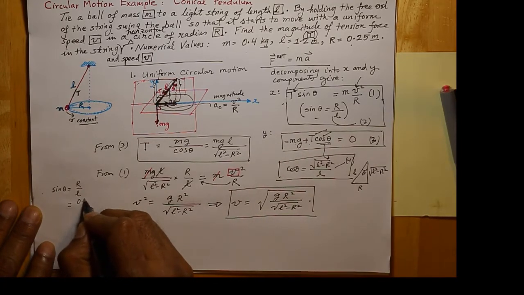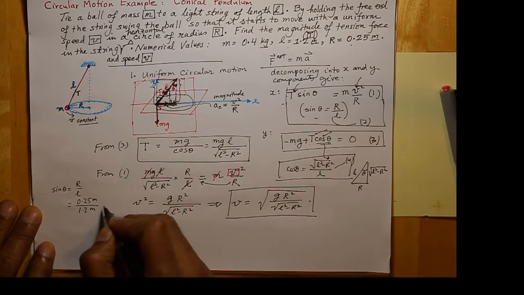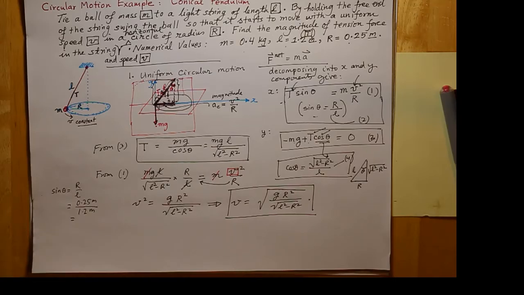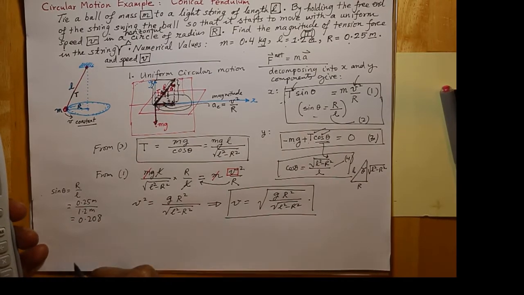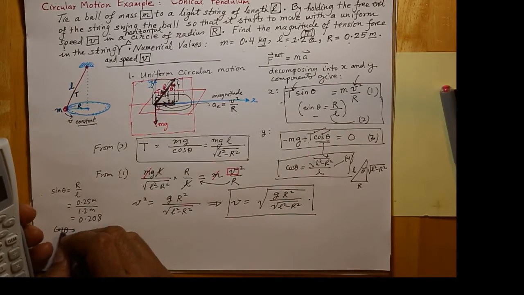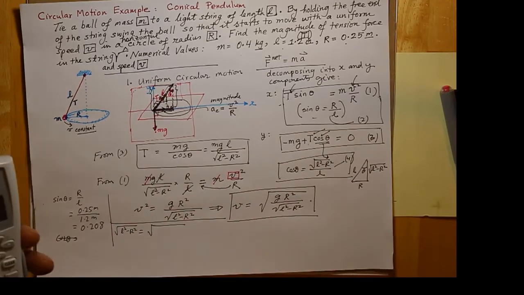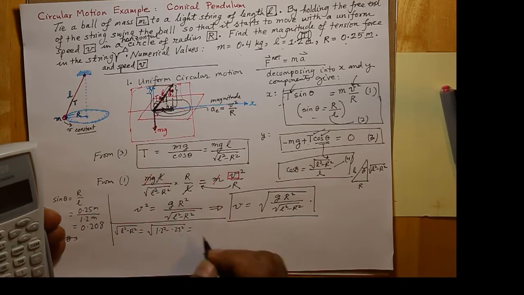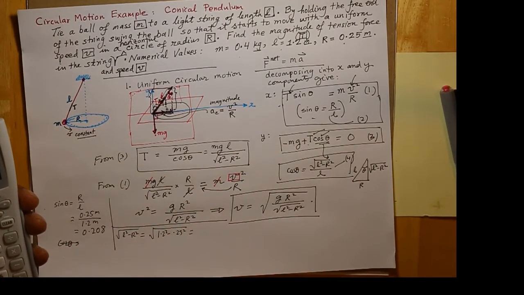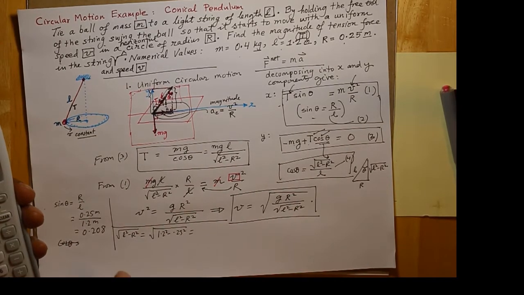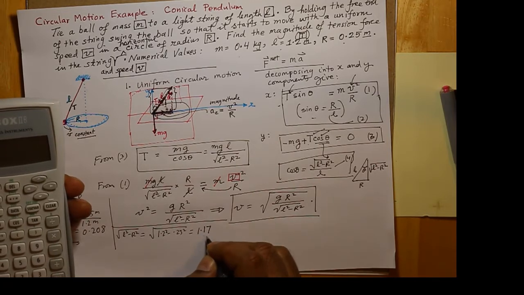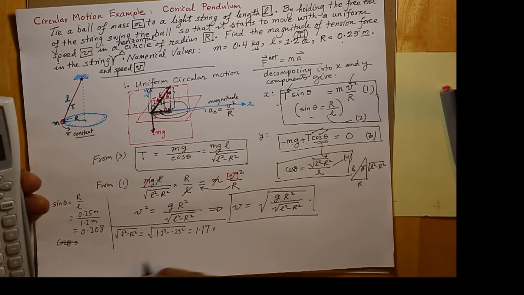R was 0.25 meter and L is 1.2 meter, so we get 0.25 divided by 1.2, which is 0.208. For cosine theta, I need the square root of L squared minus R squared, so 1.2 squared minus 0.25 squared, and I get the square root of that, and that gives me 1.17. That will be meter, so I'm just going to ignore the units right now.